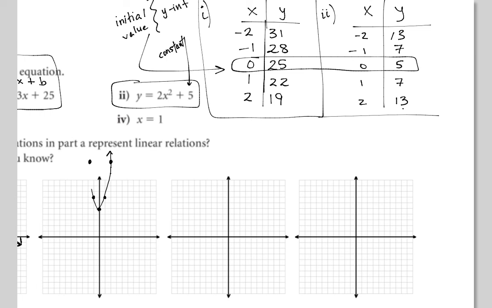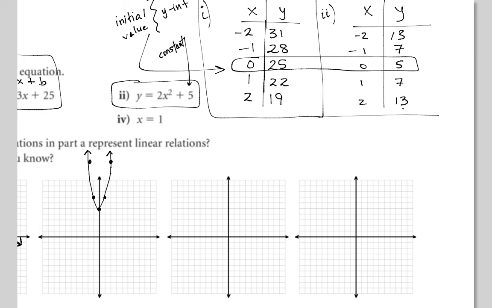Do you guys recognize these ones? You've been doing them in the domain and range. This is what the degree 2 polynomial will look like. See these U shapes? It has a special name. You guys don't have to worry about it too much in Math 10 at all. They're called parabolas. And they're studied more in Math 20.